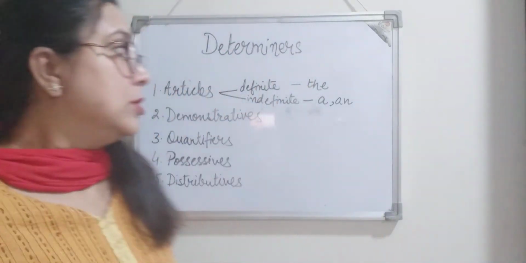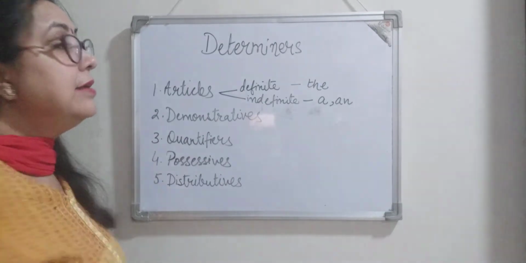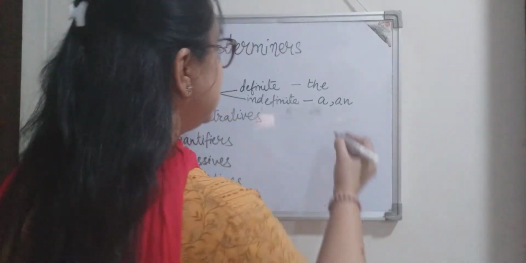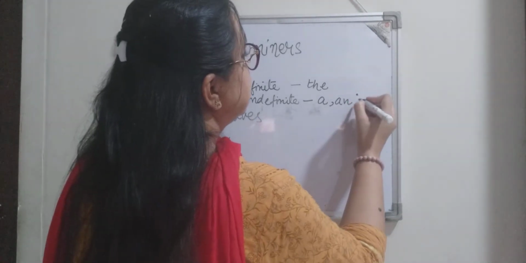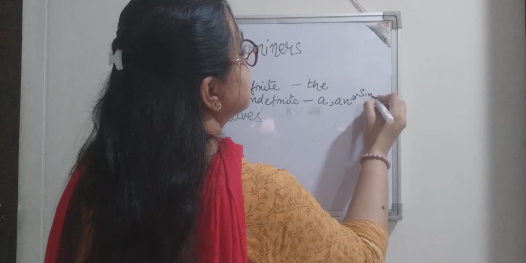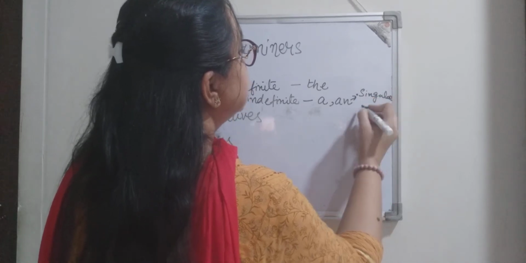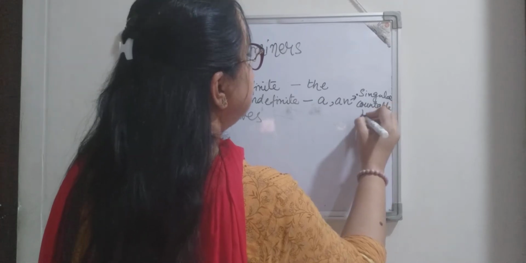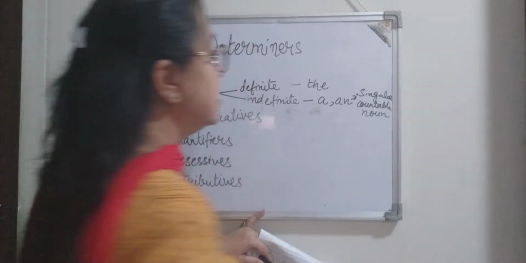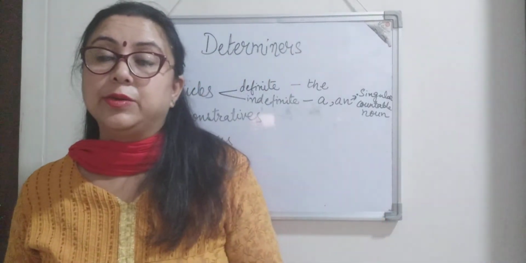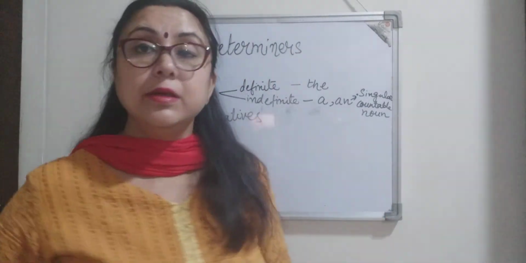Fine. Now, talking about a and an, we use a and an with singular countable nouns, isn't it? So, those nouns which can be counted, we use a and an with those only.